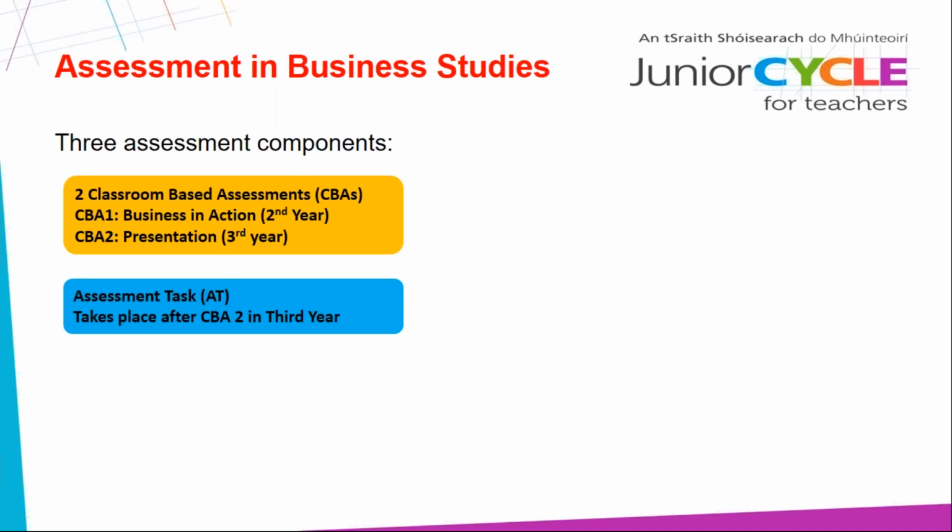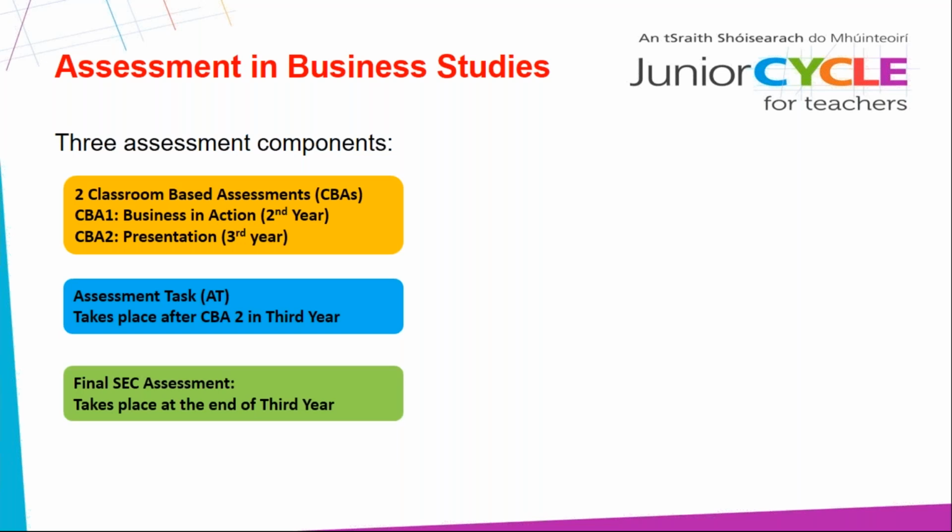The second assessment component is the assessment task, which will take place after CBA2 in third year. And the final assessment component is the final SEC assessment, which is the written exam, which students will sit in June of third year.